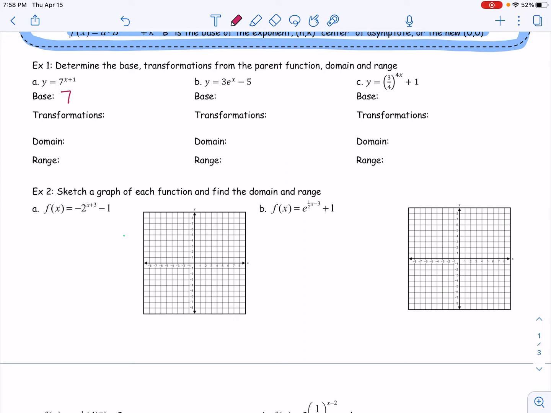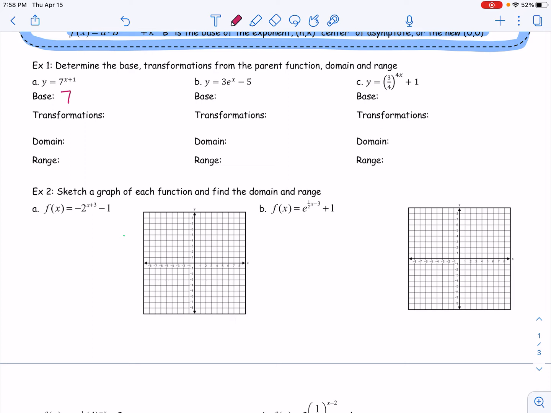The transformations, the only transformation I see is the x plus 1. That's in the exponent. You may be tempted to say that 7 would also be a transformation, like maybe a vertical stretch or something like that, but that's just the base. We don't care what the base is. I mean, we do in regards to graphing, but as far as transformations go, it doesn't matter what the base is, okay?